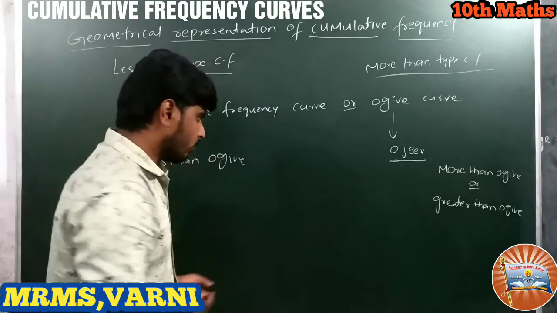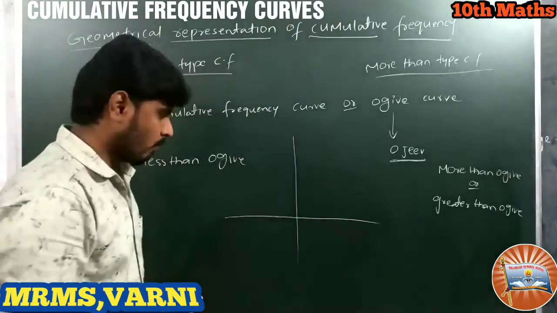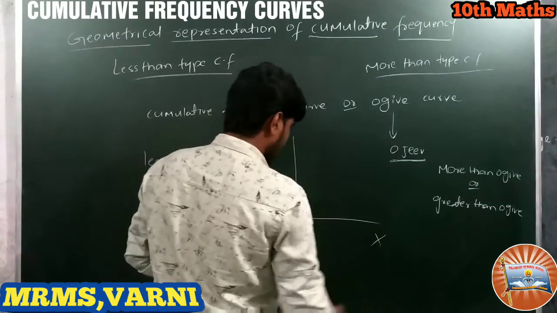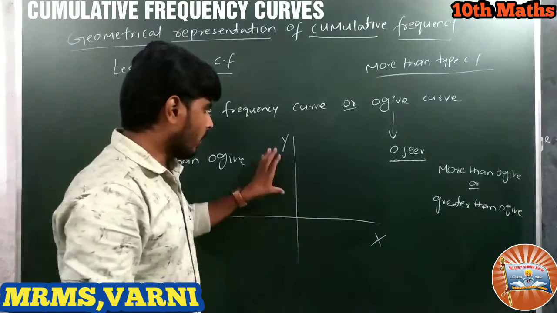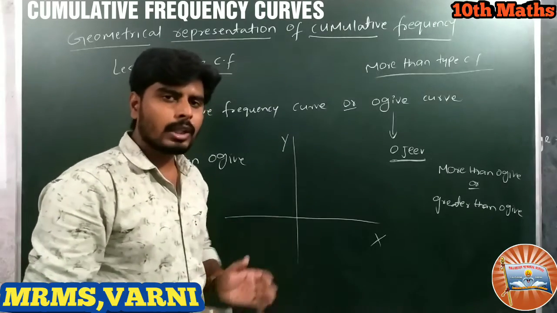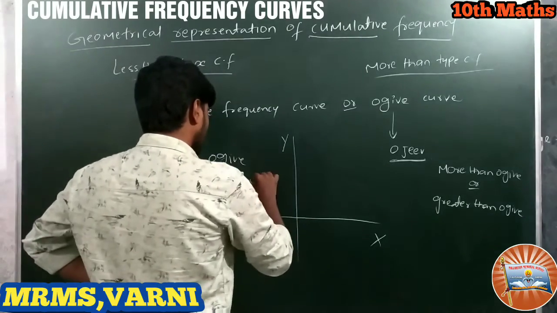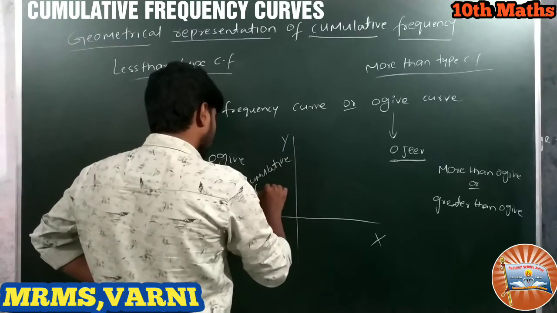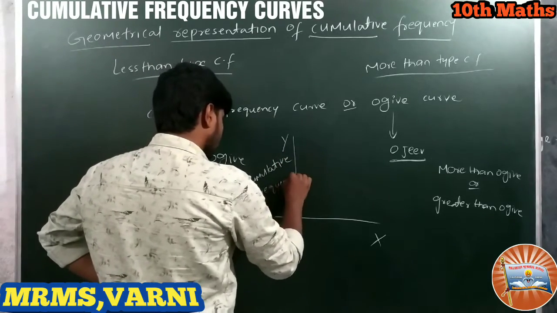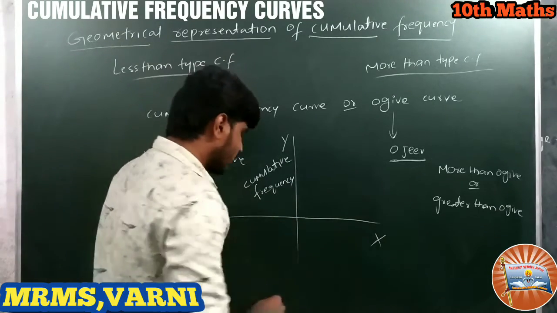Okay. So if we want to represent this cumulative frequency on the graph, geometrical representation is nothing but representing on the graph. Suppose this is a graph. This is x-axis and this is y-axis. So on the y-axis we take the cumulative frequencies. On the x-axis, limits.